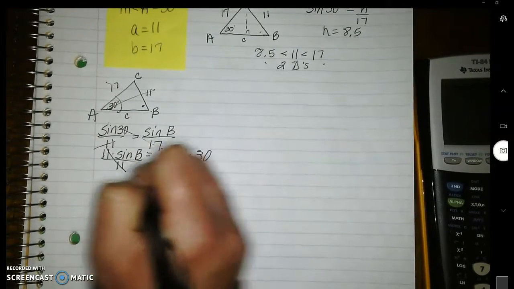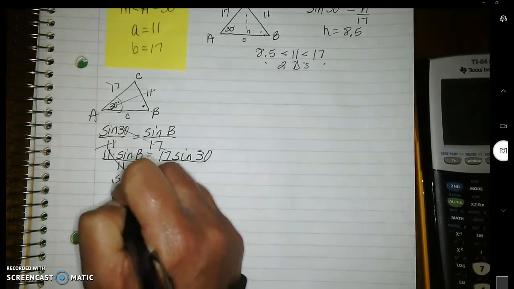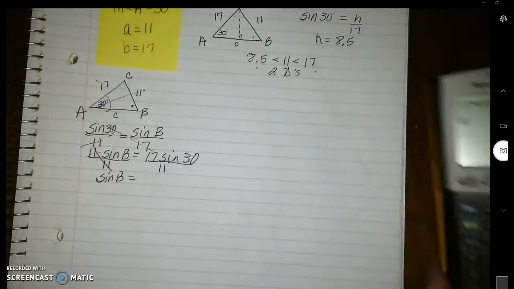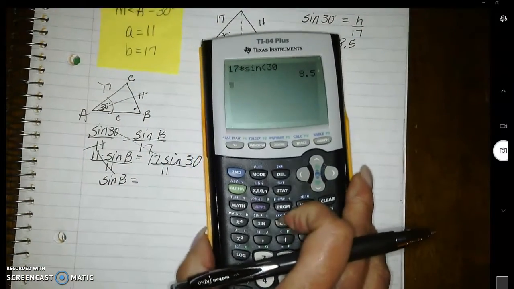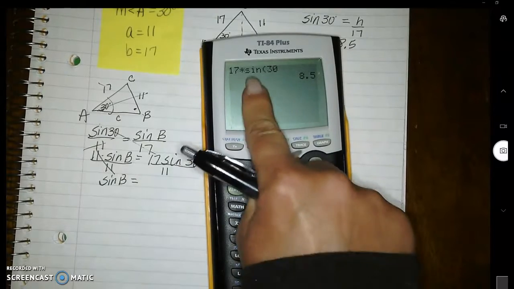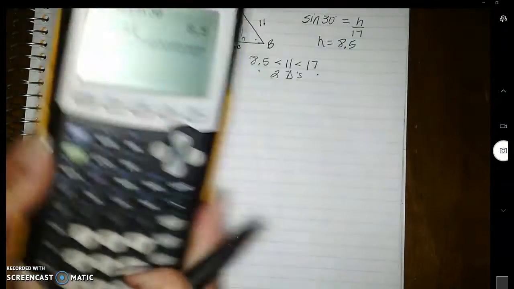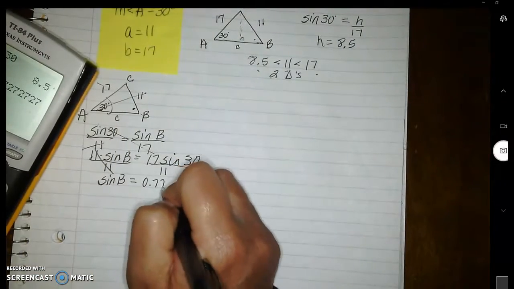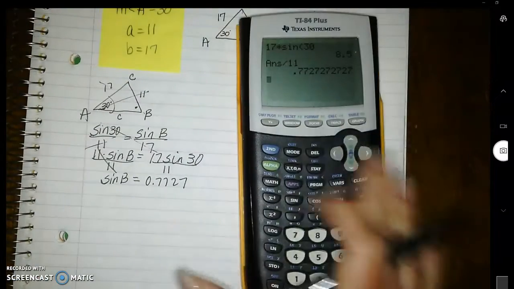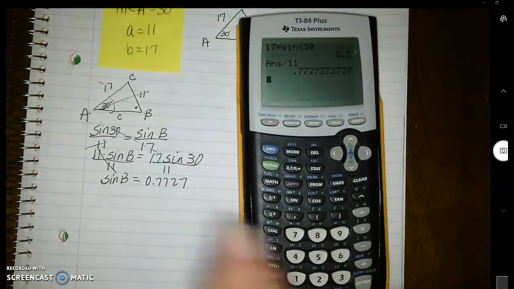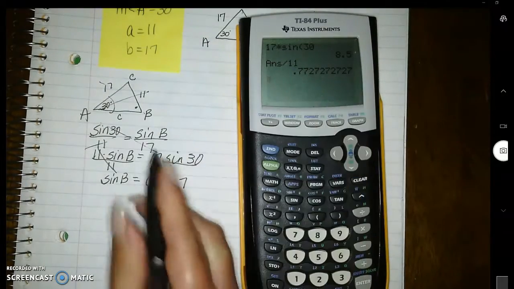I can divide by 11, and then I want to know what all of this equals in my calculator in case I typed something in and something went wrong. So I need to figure out 17 times the sine of 30, which I already did, and divide that by 11. And I'm going to get 0.7727. Now, I don't want to round this decimal because if I round it, I'm going to get an answer that's slightly different. So I just am going to leave this here.